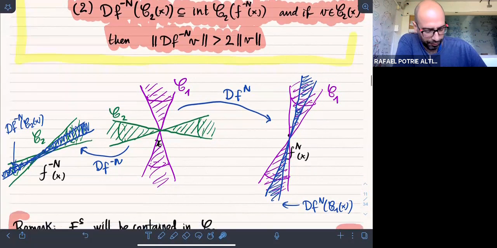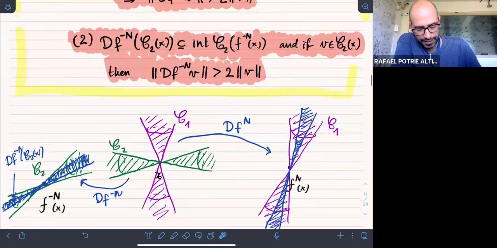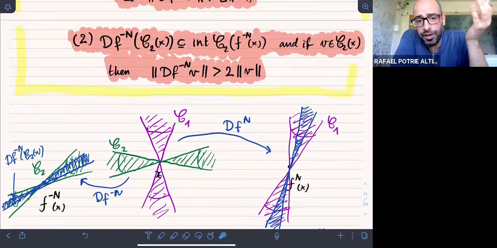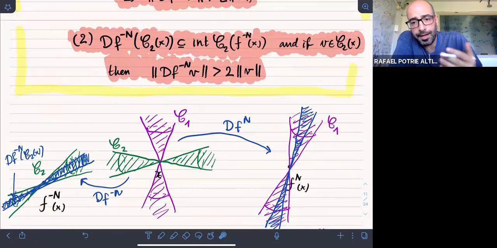And similarly for the backward iterates. And of course, this is a very coarse condition. So if a map has the derivative very close to the derivative we have in these coordinates, then it will still have this property.